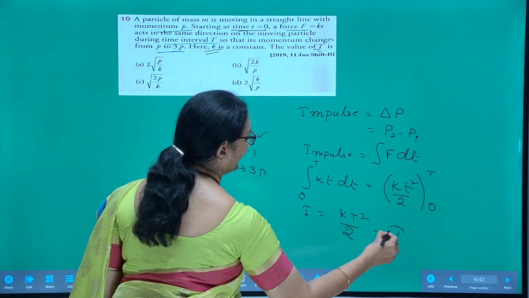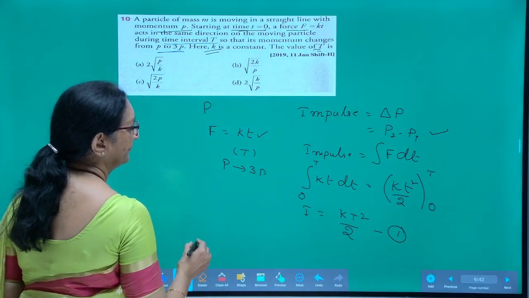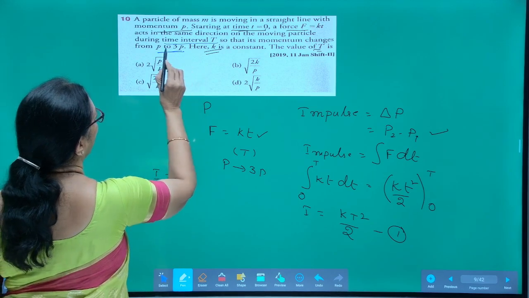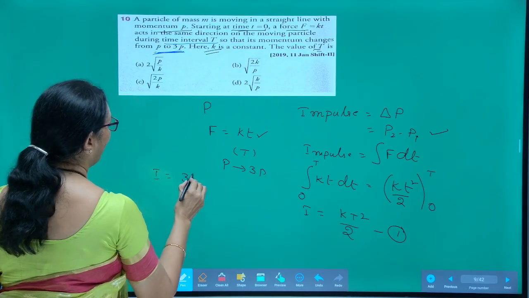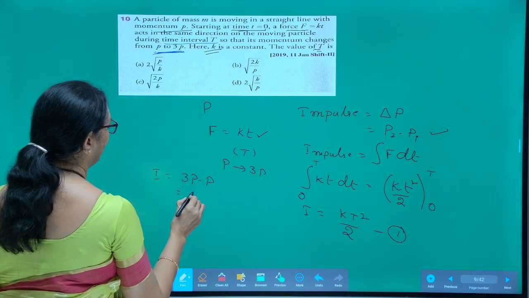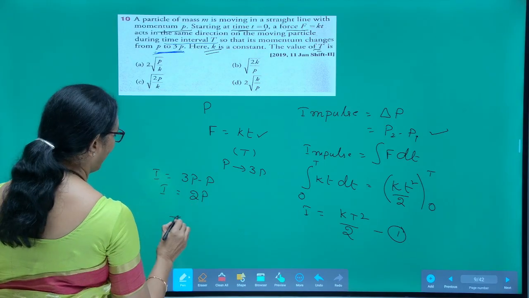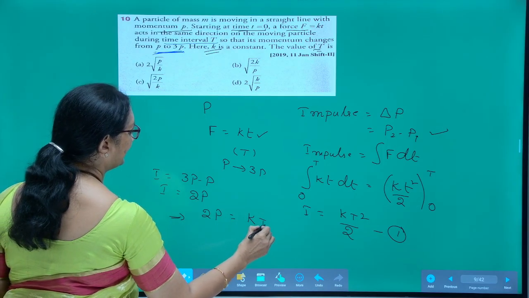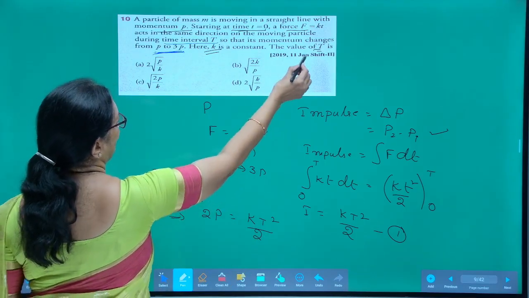This is equation 1. From this, impulse is equal to final momentum minus initial momentum. Momentum changes from p to 3p, final minus initial, that is equal to 2p. This implies 2p is equal to kt square by 2. What is asked in this question?